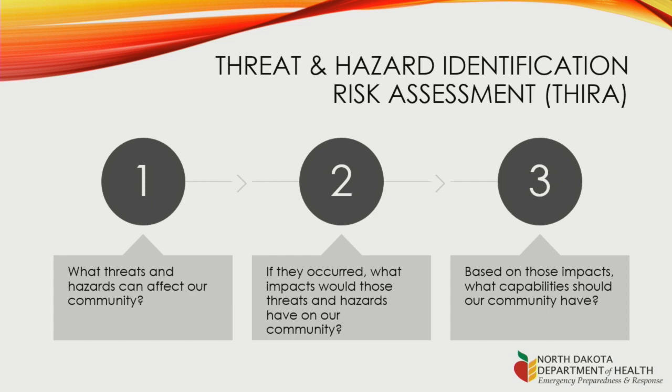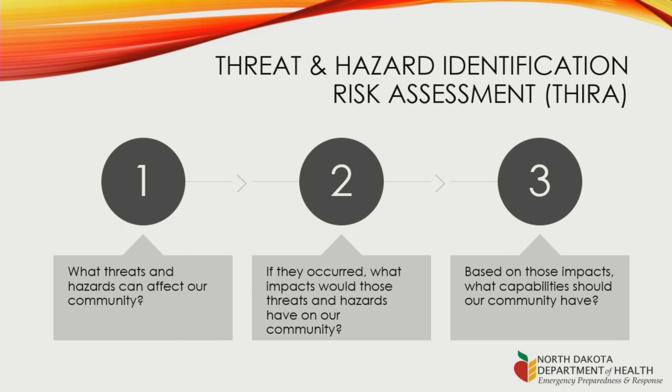The Threat and Hazard Identification Risk Assessment, THIRA, is a three-step risk assessment process that helps communities answer the following questions. First, what threats and hazards can affect our community? If they occurred, what impacts would those threats and hazards have on our community?